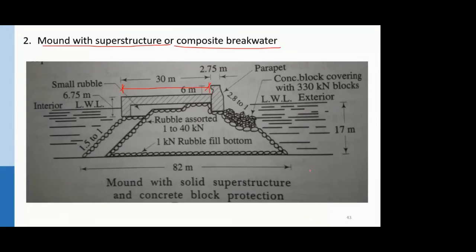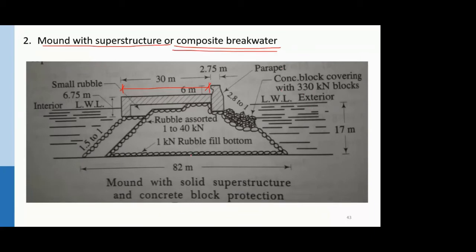As in, you can use it as a jetty, we will see what a jetty is in the next lectures. It can be used for transferring pedestrians from the ships to the land side. So that walking surface can be provided. That is the difference, that is nothing but the composite breakwater.